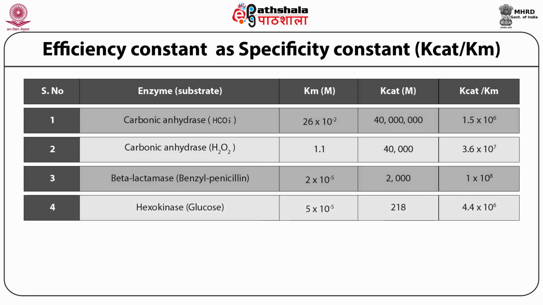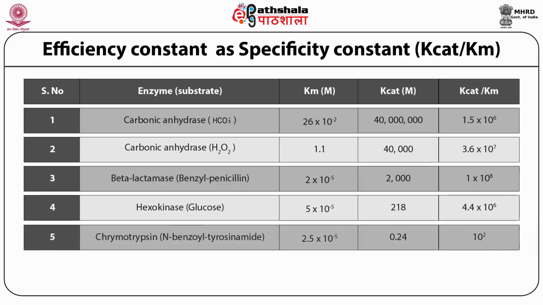Therefore, beta lactamase has high affinity for its substrate, benzyl penicillin. At the same time, catalase has the least affinity for its substrate. Similarly, looking at Kcat, catalase has the fastest conversion of ES into the product, while chymotrypsin has the slowest conversion.